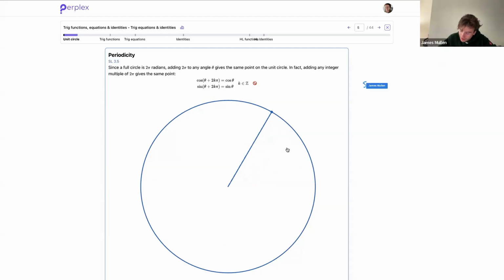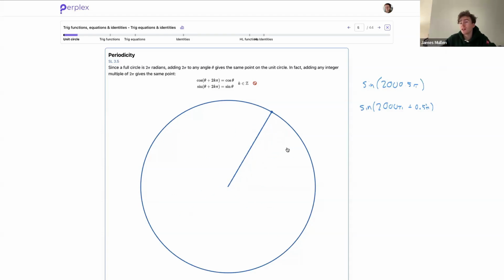Like if you wanted to find sine of 2000.5 pi, okay? Well, that's the same thing as 2000 pi plus 0.5 pi. But 2000 pi is a perfect multiple of 2 pi, sorry.